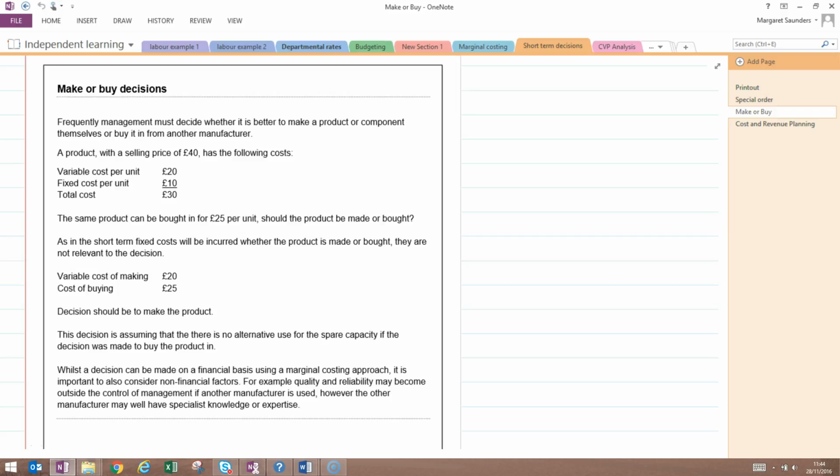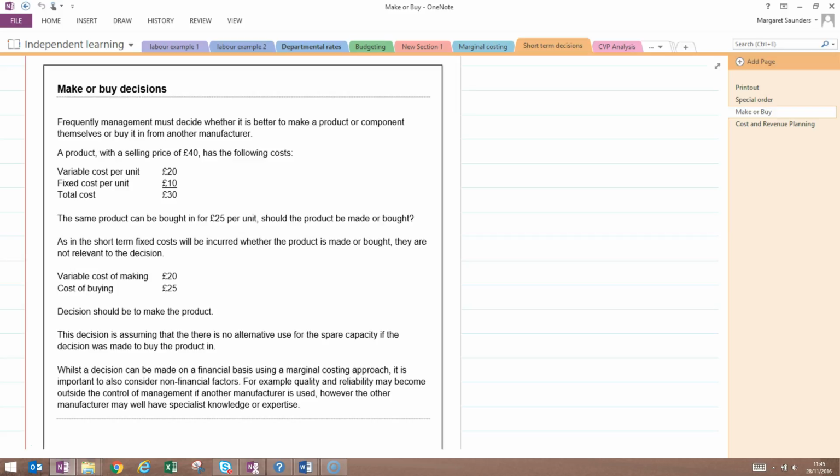So the total cost of the product, £30. We can buy that same product from an outside supplier for £25. So would that be a better option? Rather than making it ourselves, should we buy it in?